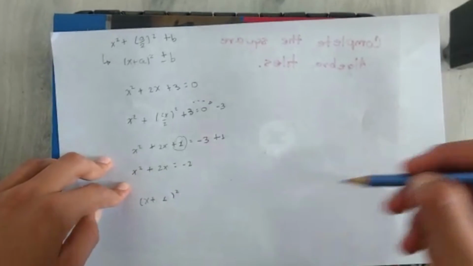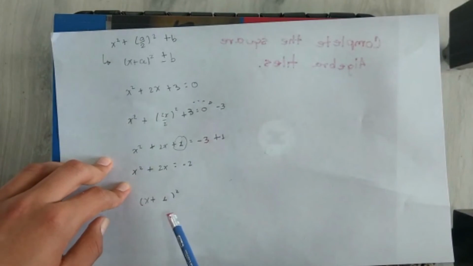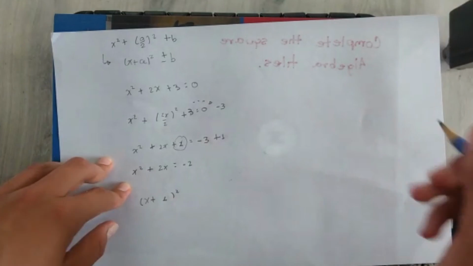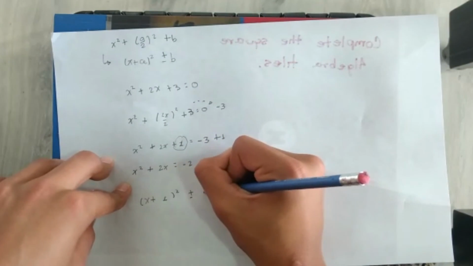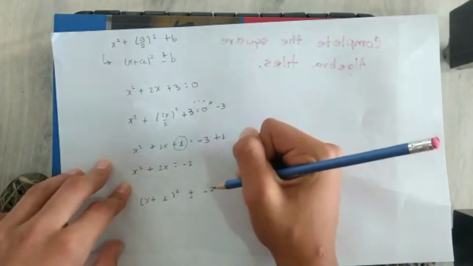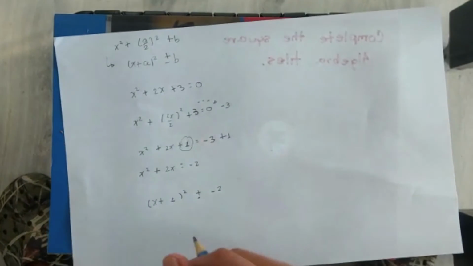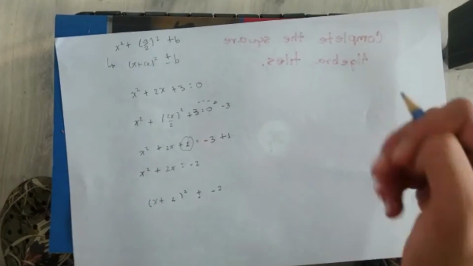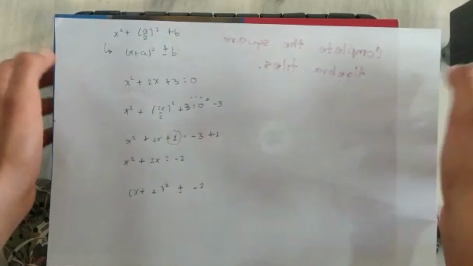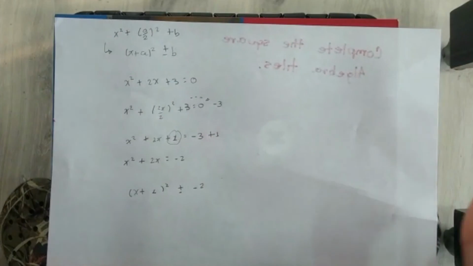Yeah, x plus 1 and x plus 1. Yeah, we can simplify it as this, and we just have to put it plus minus -2, and as you saw before, it was the same values. Yeah, the same result with a different procedure. So here we get to know that both things work.